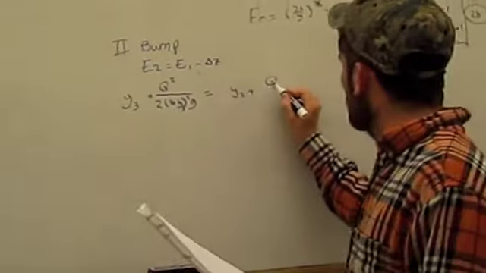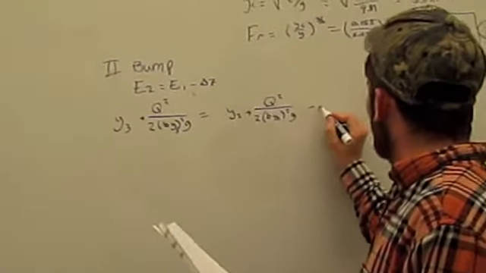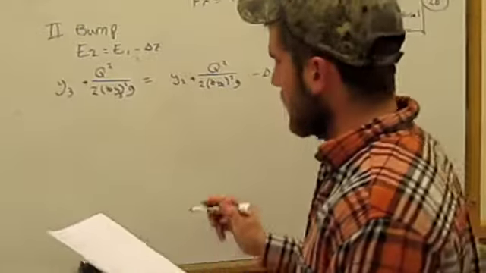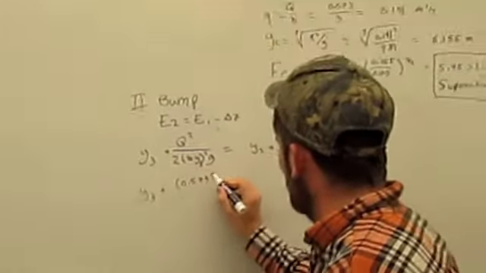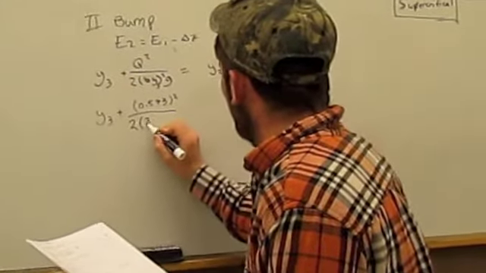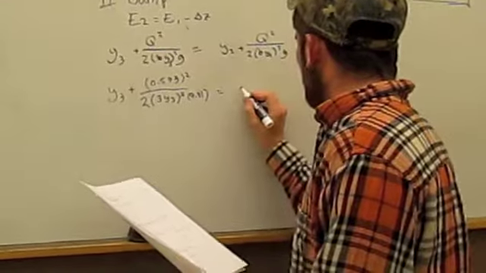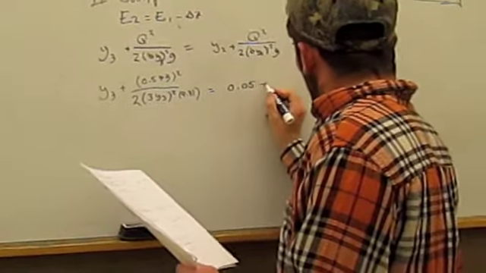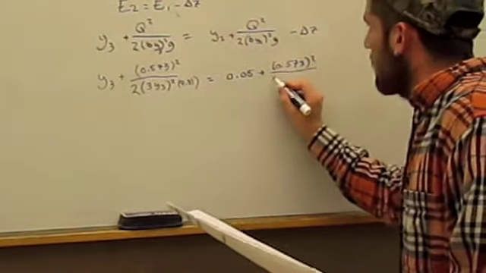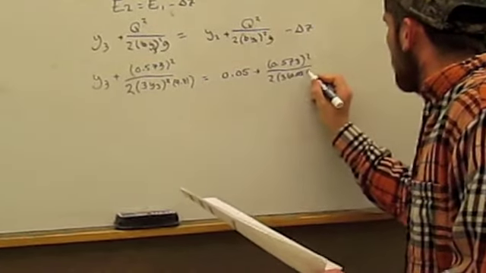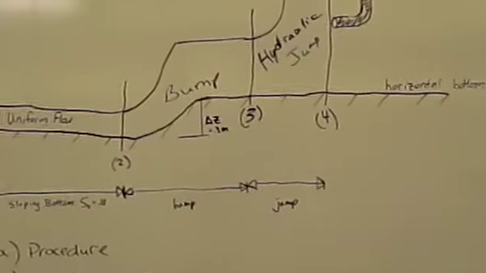y2 plus q squared over 2 by2 squared g, and of course minus our delta Z. Plugging in our numbers, we get y3 and then minus our delta Z, which is given in the problem as 0.3.